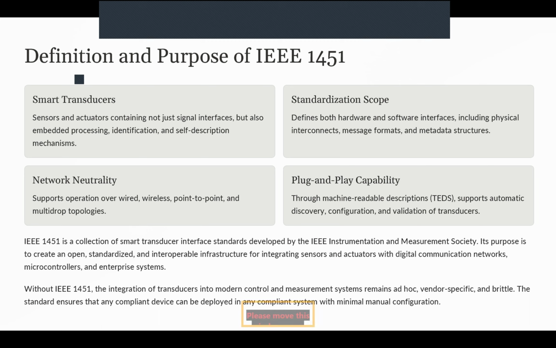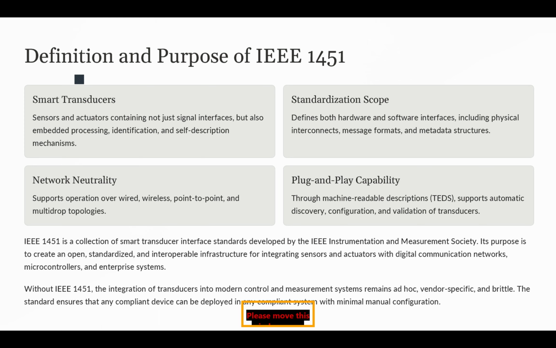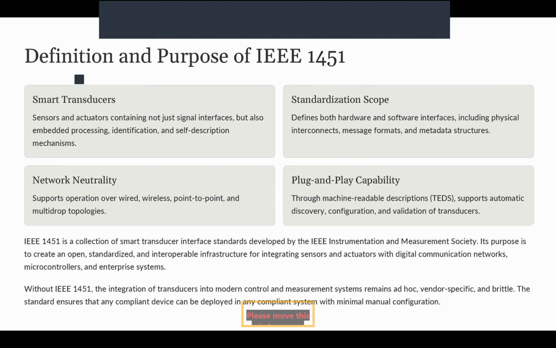That means that no matter what type of network or connection you're using between the components of your system, it could be wired, it could be wireless, it could be point-to-point or multi-drop system. The family of standards defines all the requirements regardless of the connection. We are going to talk about them in upcoming slides. So it gives us a universal situation.